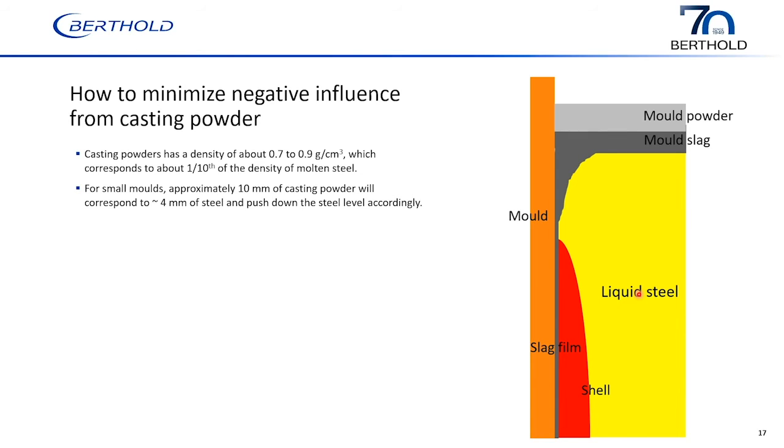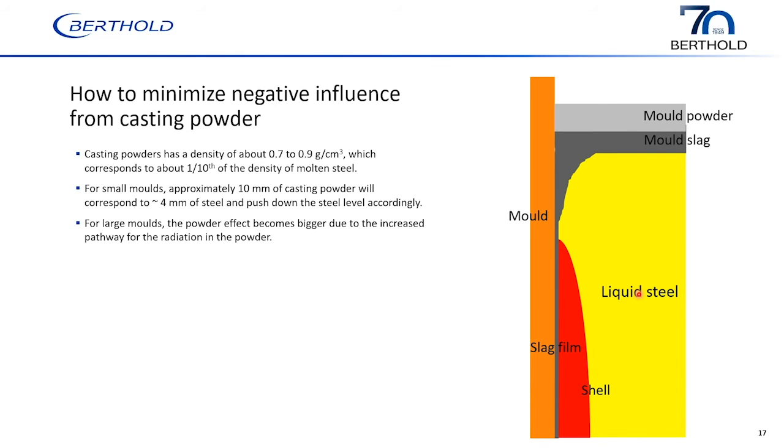That means if you add 1 centimeter of casting powder in your mold, you will have a reading of plus 4 millimeters on your mold level system, and then the regulation and the control system will push down the steel level about 4 millimeters accordingly.